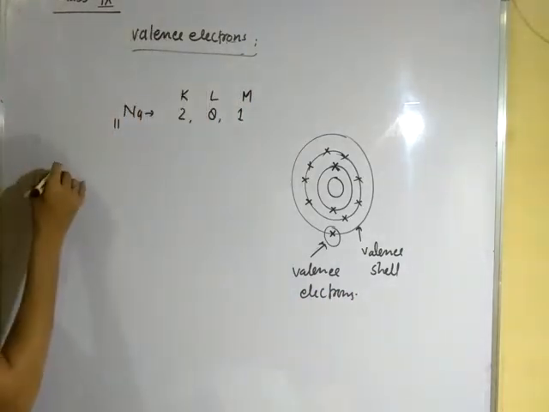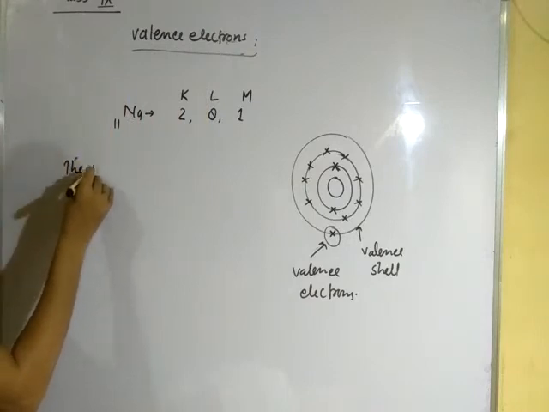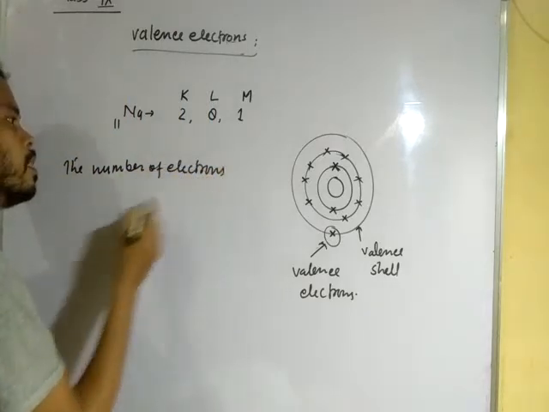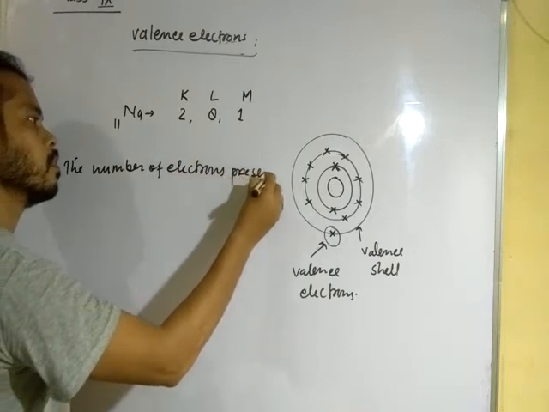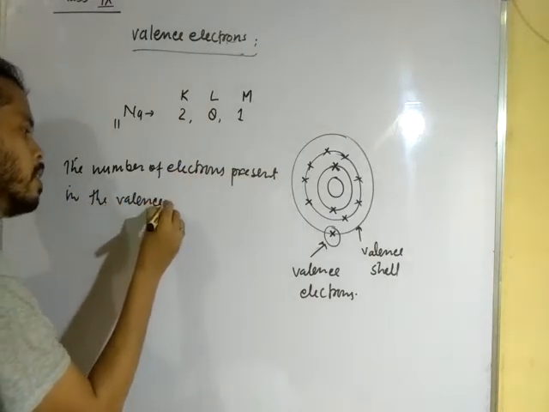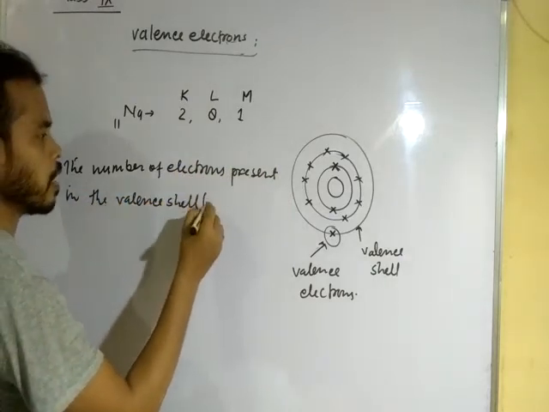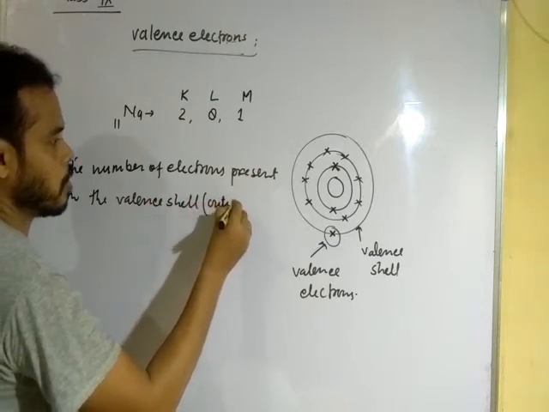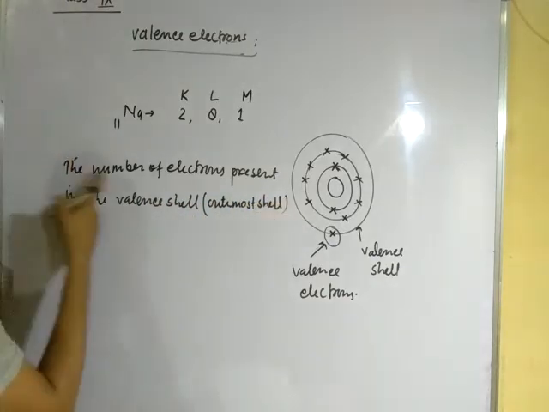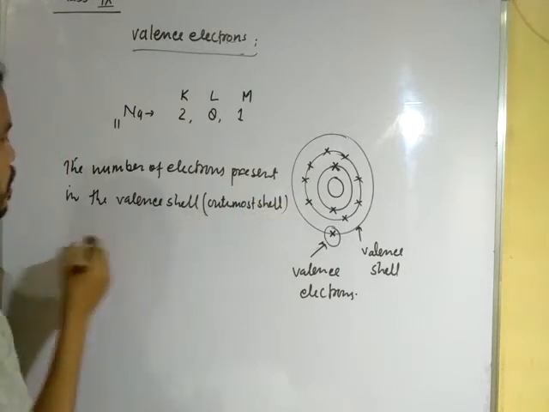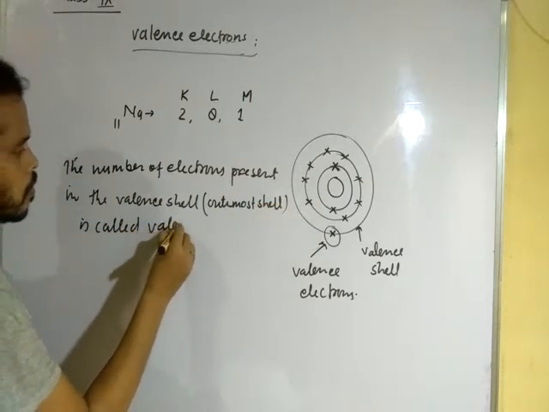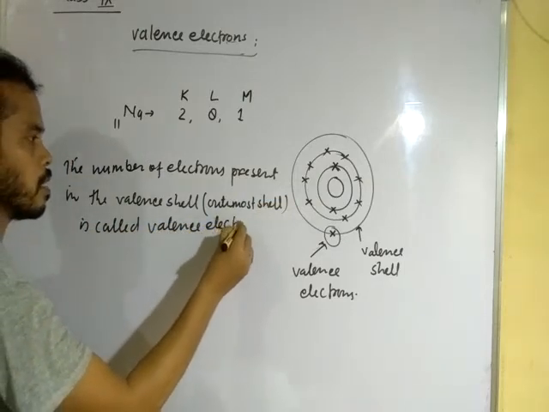In another word, the number of electrons present in the valence shell, the outermost shell, is called valence electron.